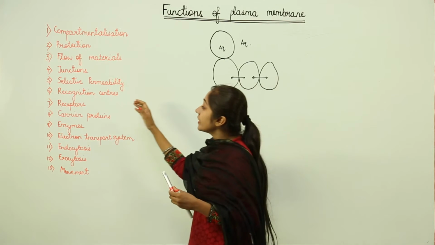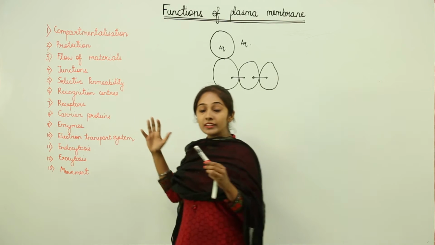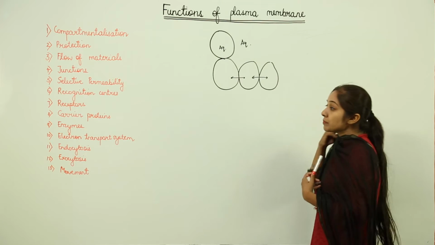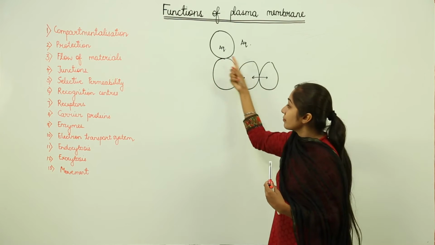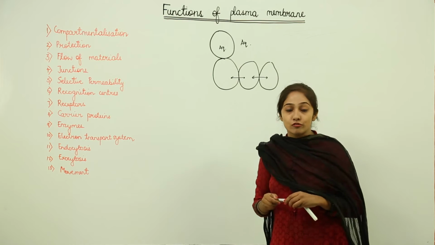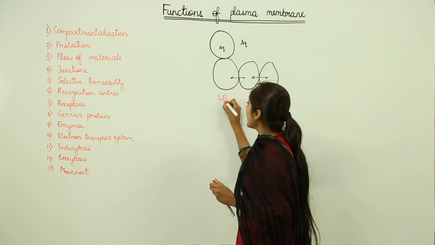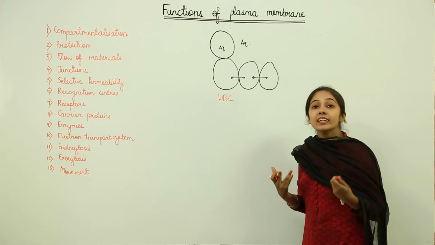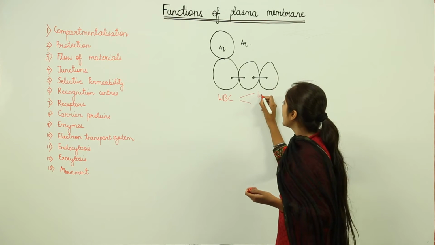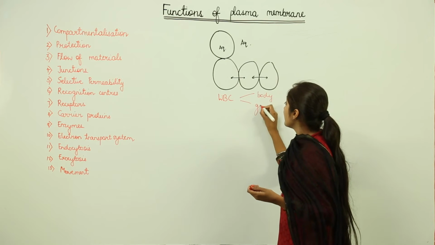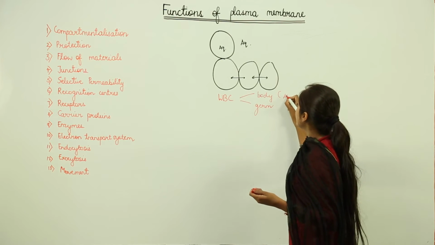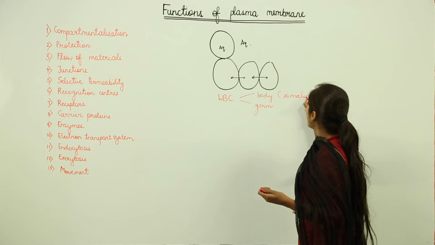Then there are certain recognition centers. Well, there are some substances on the plasma membrane which help in recognition. For example, if you talk about WBCs, the white blood cells in your body. Now, how can they differentiate between your body cells and your germ cells, means between your somatic cells and your reproductive cells?